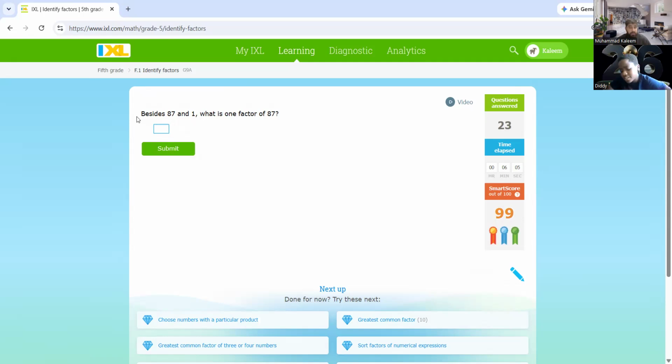3 divides 87. How can we check? Check if there's a remainder. If there is a remainder, that means 3 is not a factor. 3 is a factor of it, you know?